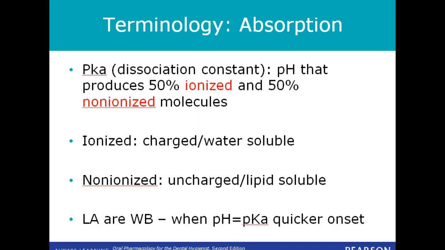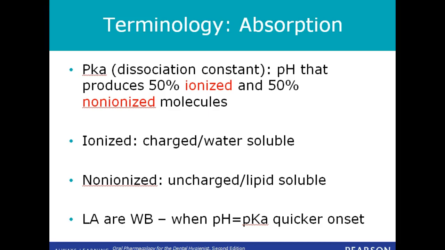The pKa is called the dissociation constant and is the pH that produces 50% ionized and 50% non-ionized molecules of the substance. Ionized drugs have an electrical charge, are water-soluble, and do not easily pass through cell membranes.